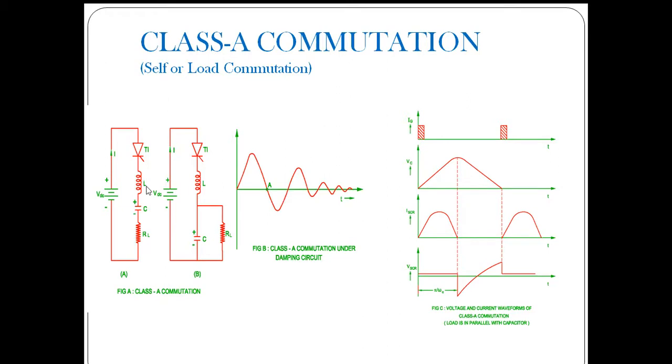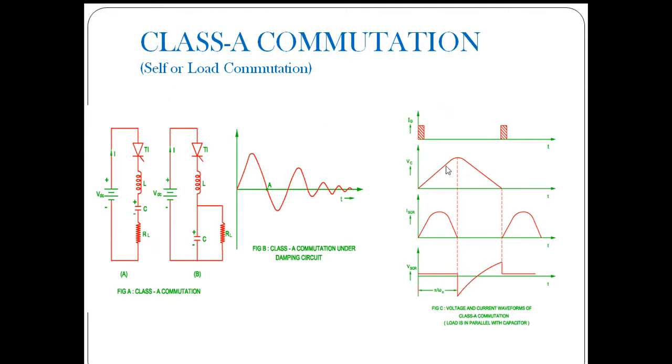At that time, the energy stored in the inductor appears across the thyristor in reverse bias. Therefore, the thyristor T1 gets commutated, turned off. With the load parameters designed as an underdamped circuit, the device automatically turns itself off. So this is the load commutation process.